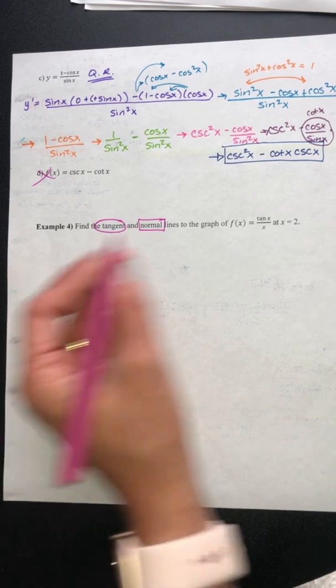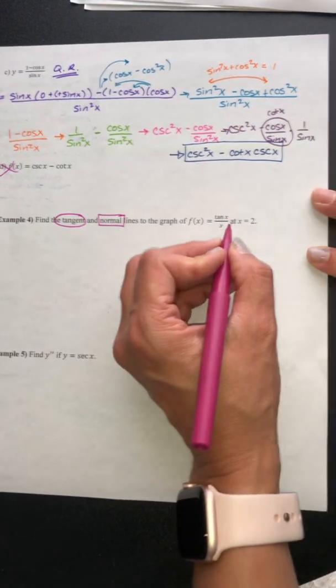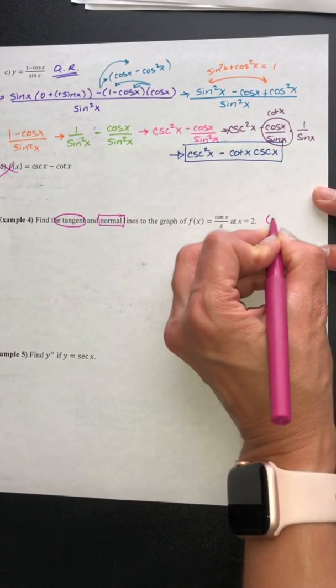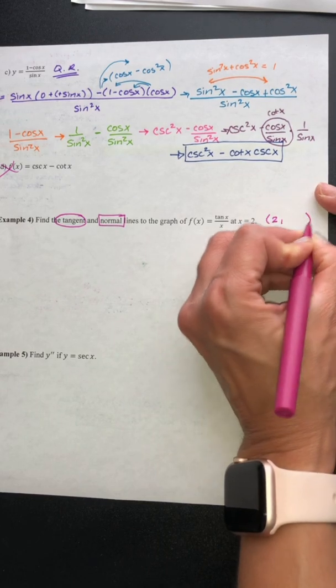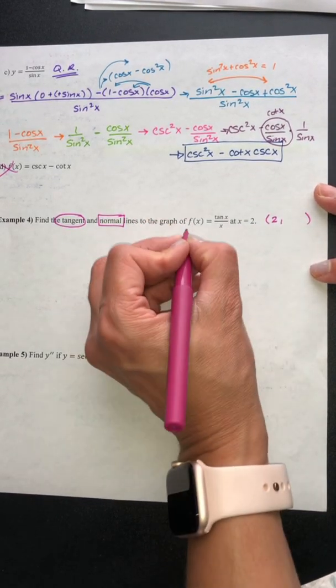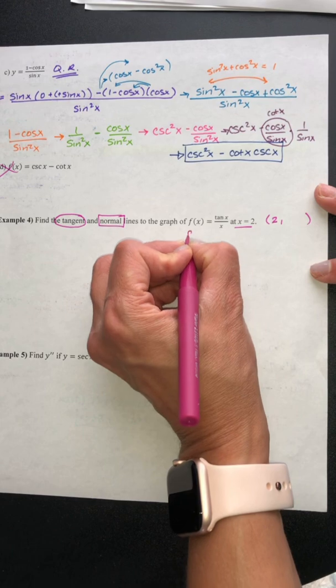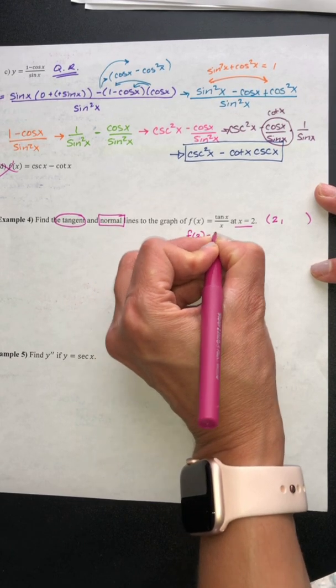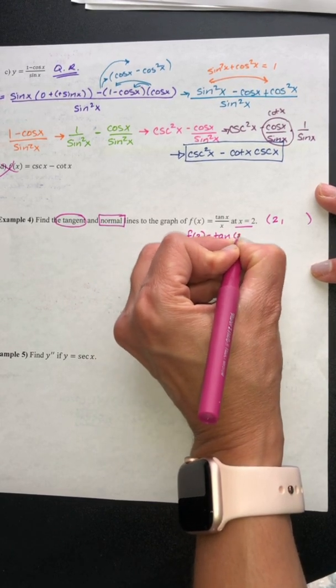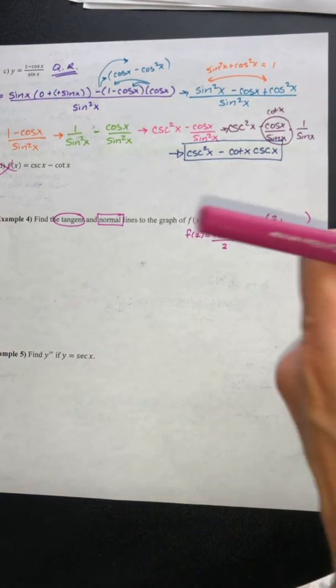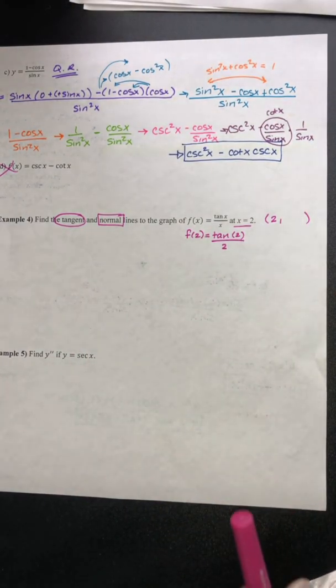Okay, so they gave us the x value, but we know we're going to need the y value. So let's go ahead and find that y value first. Okay, which means I have to plug in the x value into the function. So f of 2 equals tangent of 2 all over 2. Well, how are we going to do that, Mrs. Garcia?